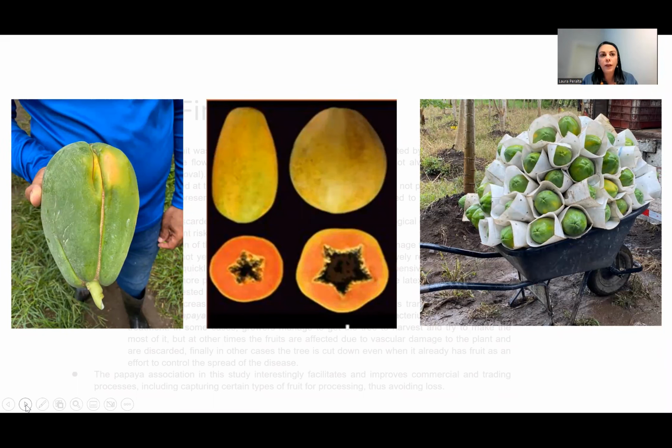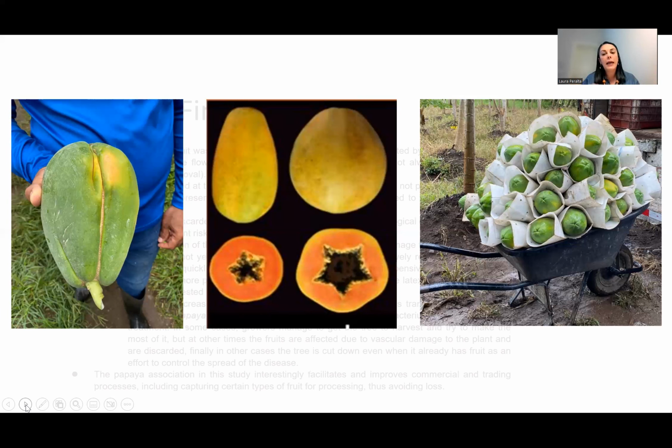On the other hand, there could be some types of diseases causing the papaya not to be able to be eaten. Then in some other cases, papaya can come from hermaphrodite, male or female flowers. So in the case of the rounded papaya, you can see there that comes from a female flower, which is something that the market doesn't like for fresh products. So if there is a lot of papaya in the market, this is not going to be even picked up from the field.